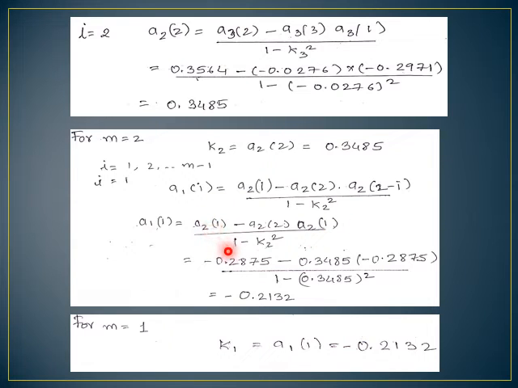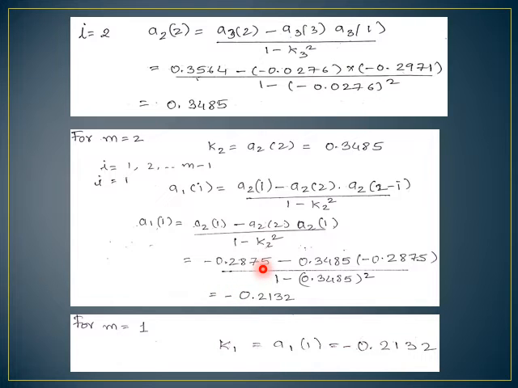The value of a2 of 1, which we have calculated under m equal to 3, is minus 0.2875, and the value of a2 of 2 is 0.3485. We get the answer as minus 0.2132.